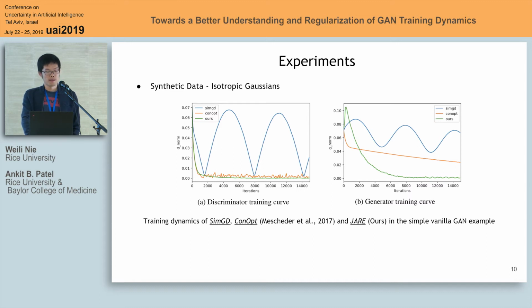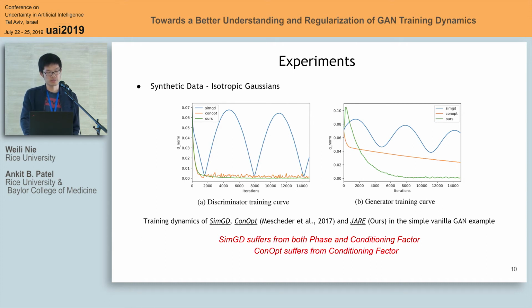We found that SIMGD, denoted by the blue curves, oscillates and has difficulty converging. So we think SIMGD suffers from both the phase and the conditioning factor. CONAPT, represented by the orange curves, especially for its generator training curve, has difficulty converging, so CONAPT suffers from the conditioning factor, and only our proposed JRAR has a decent convergence rate.